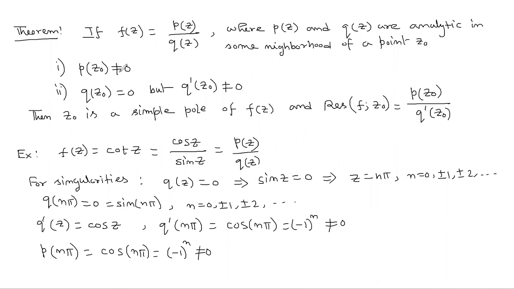So all the conditions given in the theorem are true. That is, p of n pi is not equal to 0, q of n pi is equal to 0, but q dashed of n pi is not equal to 0 for all n equal to 0, plus minus 1, plus minus 2, etc. So here we can conclude n pi for n equal to 0, plus minus 1, plus minus 2 are simple poles.